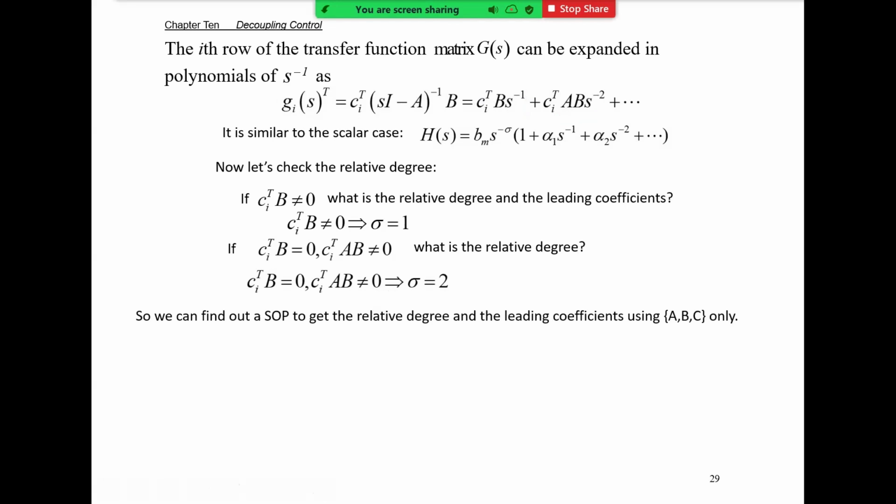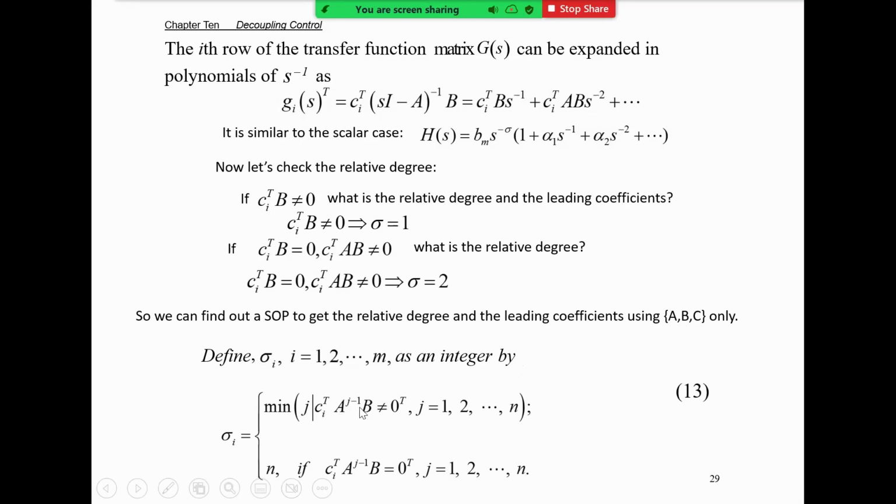Therefore, we can find a procedure to get the relative degree and the leading coefficients using just A, B, C. We define the relative degree sigma_i for the ith row of the transfer function matrix as the integer such that the coefficient is not 0.